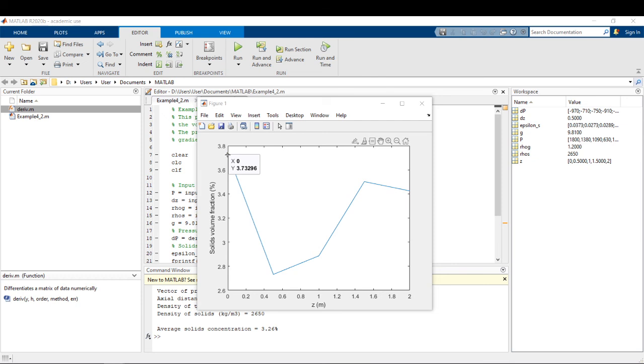So you can point it over here to obtain the solid volume fraction, with its mean value of 3.26%. This confirms the assumption made at the beginning that the measurements are done in the fully developed zone where the solids move at a constant velocity.